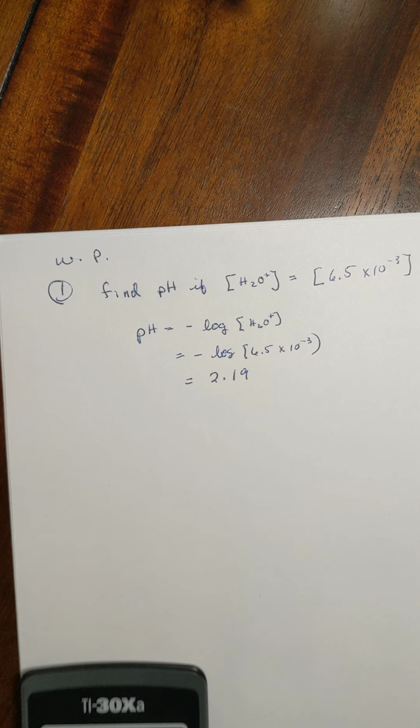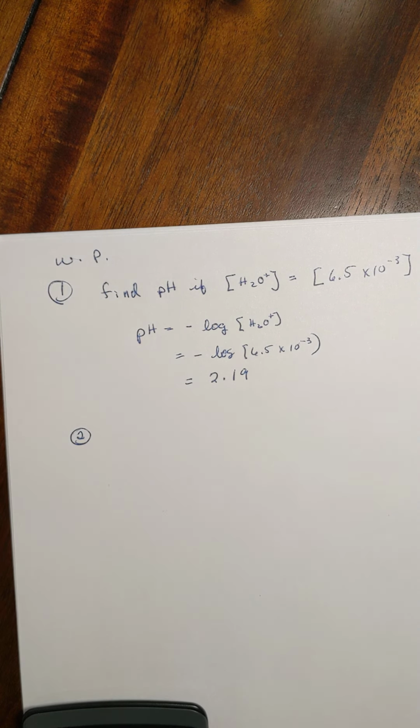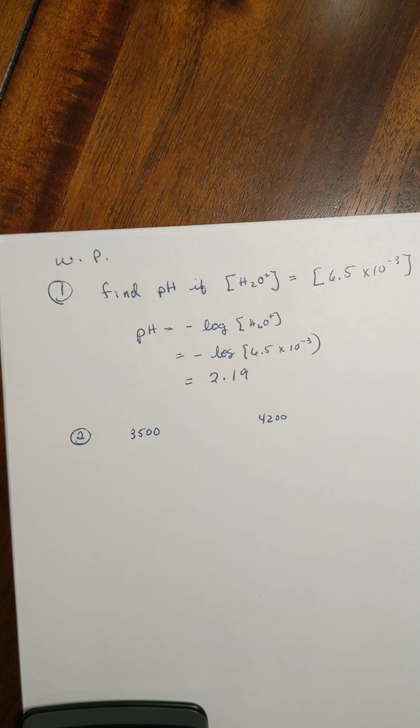All right? And then the second type of word problem says that Fred wants to buy a car, and right now he has $3,500. He knows that if he can put down a down payment of $4,200, then he can get a better interest rate.